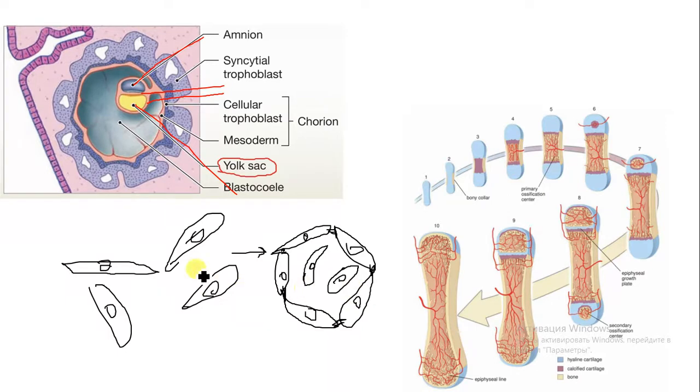It is formed from mesenchymal cells here. These mesenchymal cells start to join each other and form the simple squamous epithelium, forming something like bubbles inside the yolk sac, inside the mesoderm of the yolk sac. This is known as a blood island.